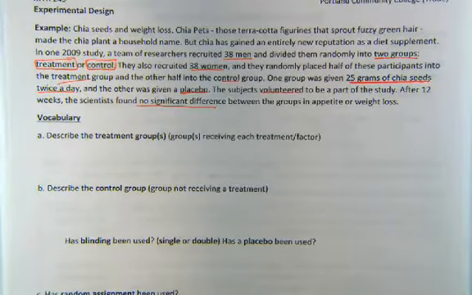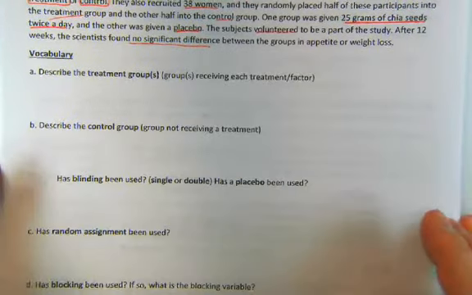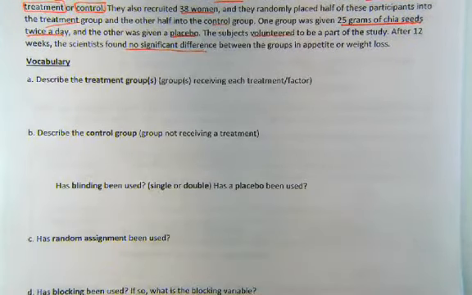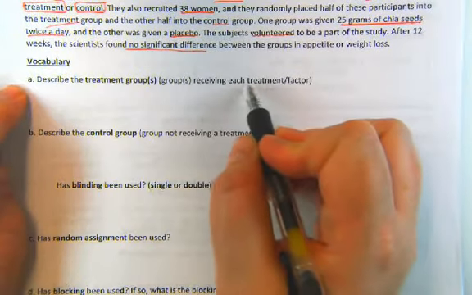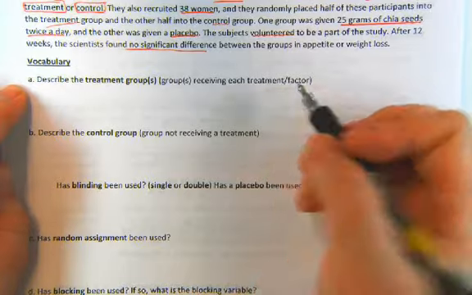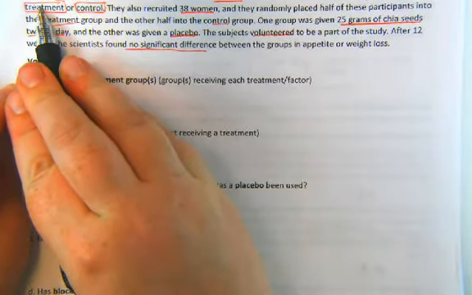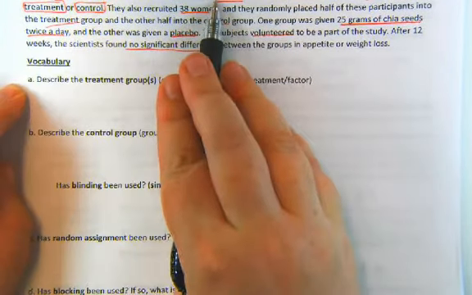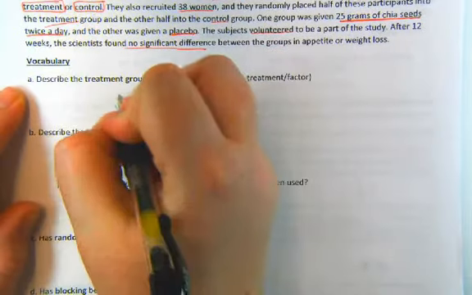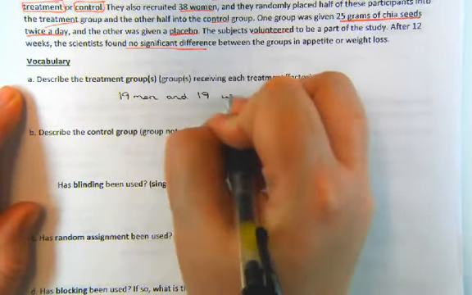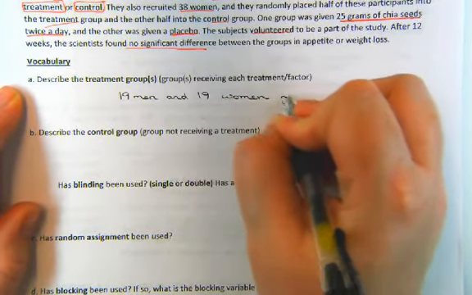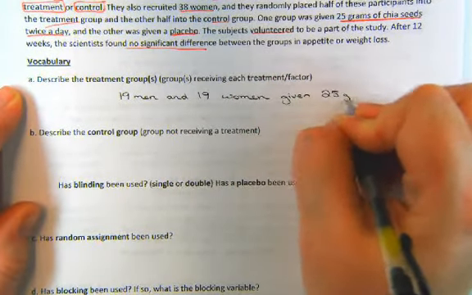There's 19 men and 19 women who are given 25 grams of chia seeds twice a day. So that describes our treatment group, who's part of it, and what the actual treatment is.